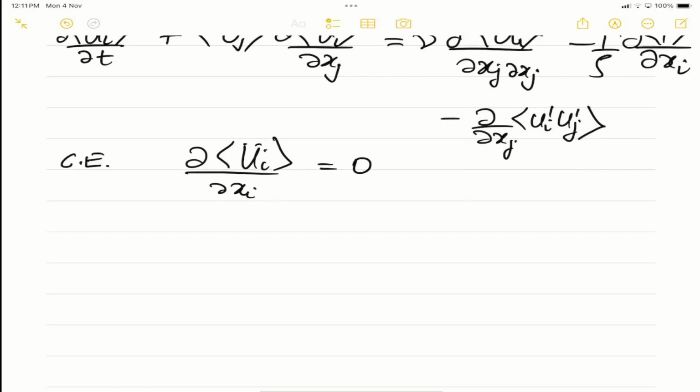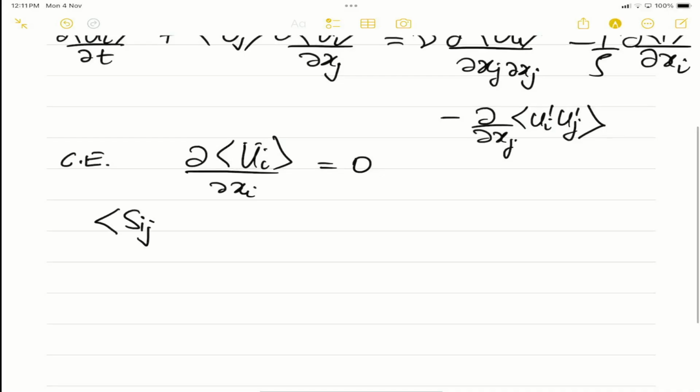And there are some terms which we have done, so I'll just write the mean of capital Sij. We wrote it as half of this.